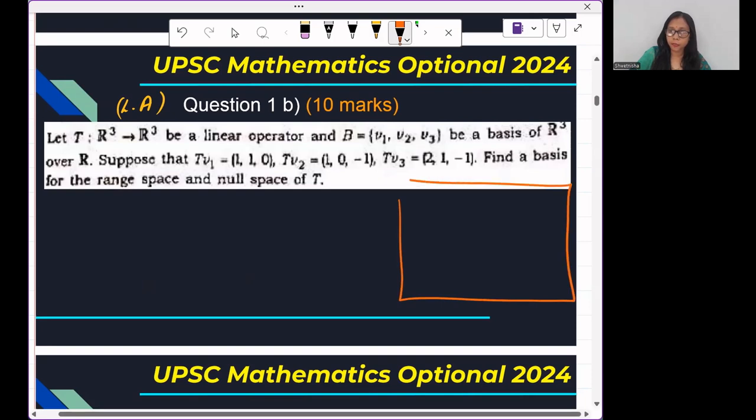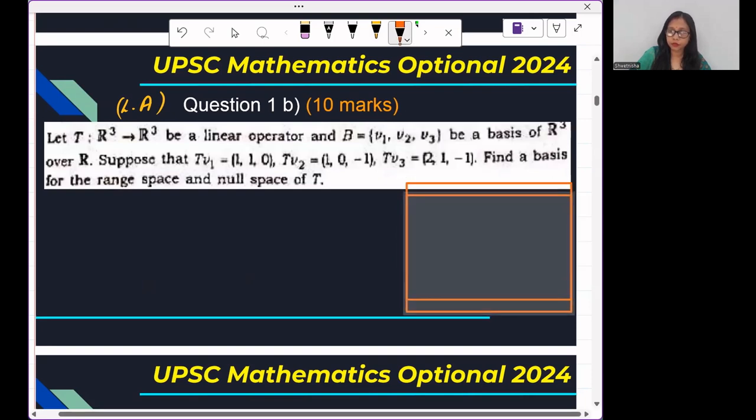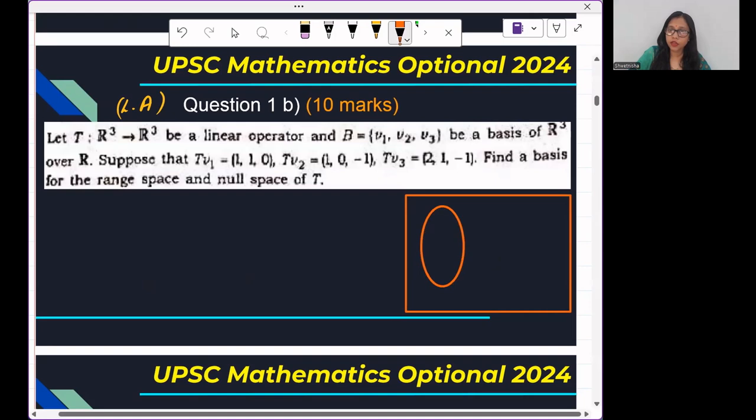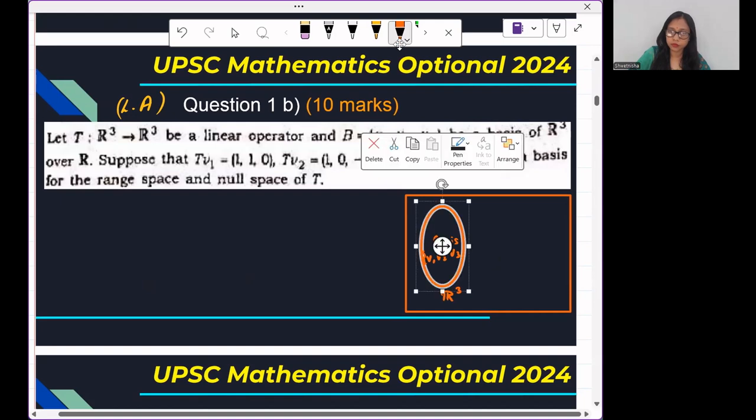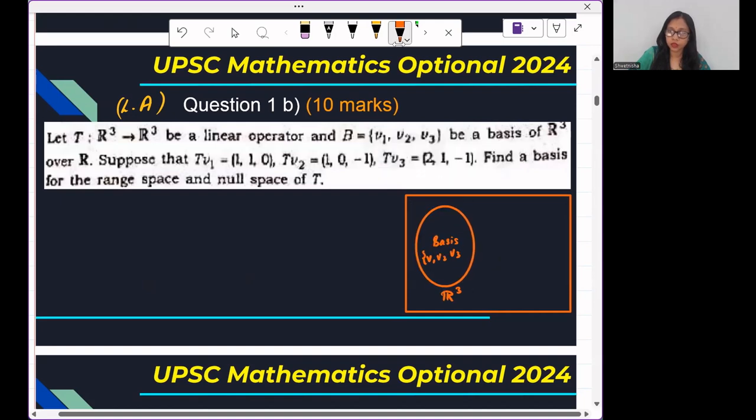if you have a basis set here, V1, V2, V3 in R3, and you find the images under the transformation, you will get T of V1, T of V2, T of V3.